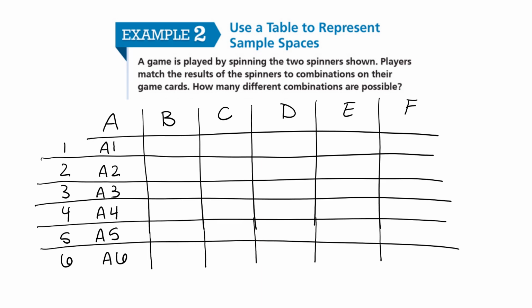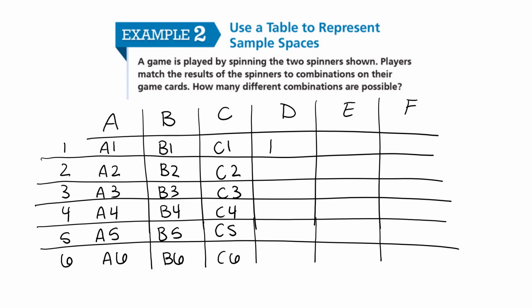You could get the same values with B, the same values with C, D, E, and F. All the same process. You are listing out each of the possible outcomes that happens with both events.